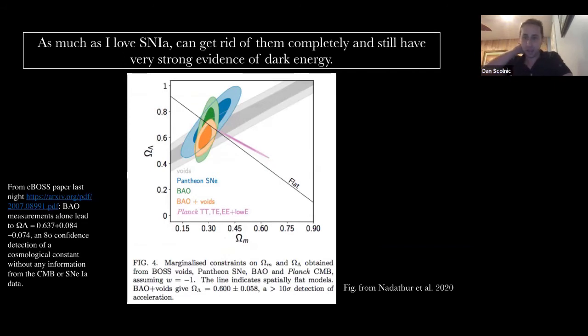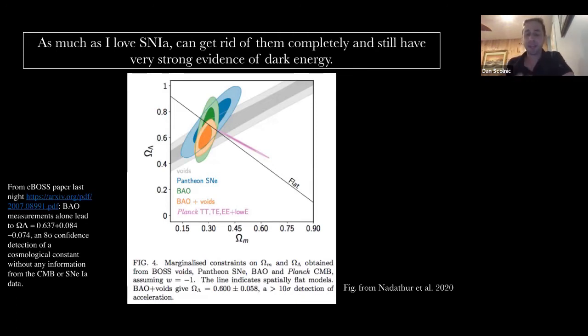So this is a great plot from a recent paper from Sesh Nadathur, and he basically compiles all the different probes that show that the universe is accelerating, a non-zero lambda. So you have Pantheon there in blue, but then there's BAO, there's voids, which has really matured just in the last year as a new measurement.